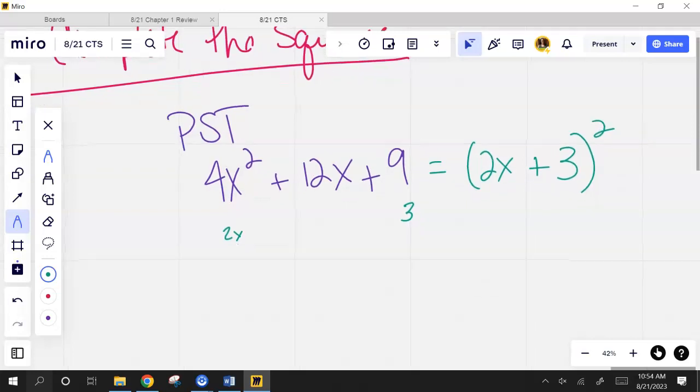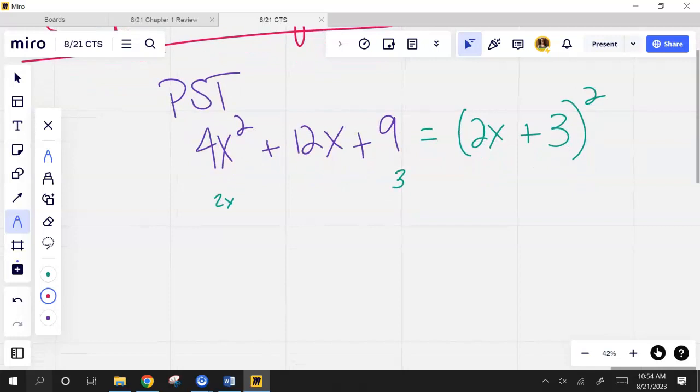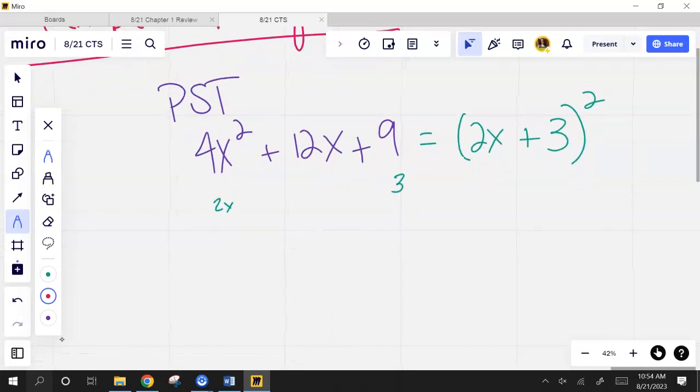Thing 2, if I am solving, and there was a question like this on your quiz that a couple of you really stumbled over. If I have something like x plus 1 squared equals, I don't know, 5, and I have to solve it, you need to take care of the squared first.